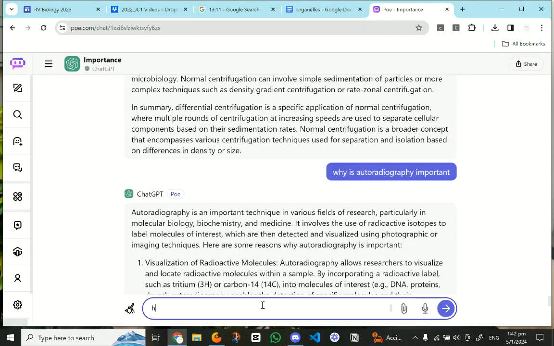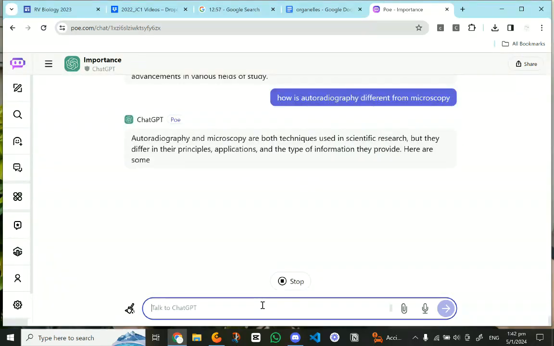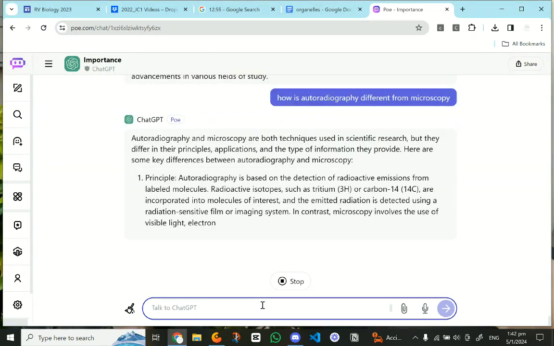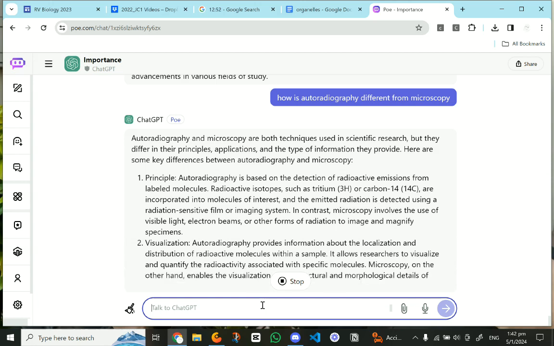So how is autoradiography different from microscopy? Of course, the method is different. One uses isotopes, one is using light or electron beams.